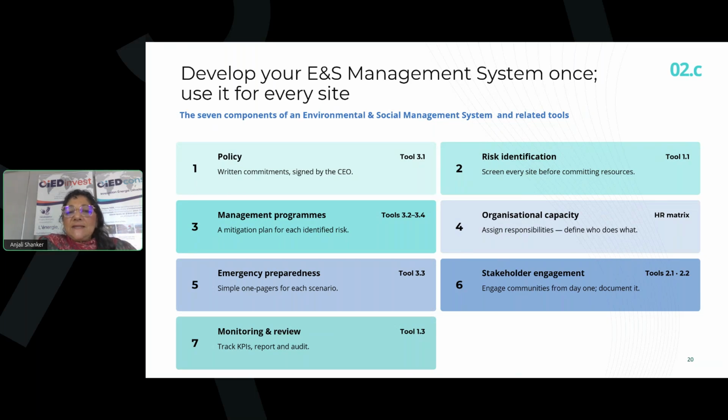The second stage in this ESMS is risk identification, which we have talked about a little while ago. So, identifying those risks which we think would maybe be too costly for a specific site or a specific cluster to manage.